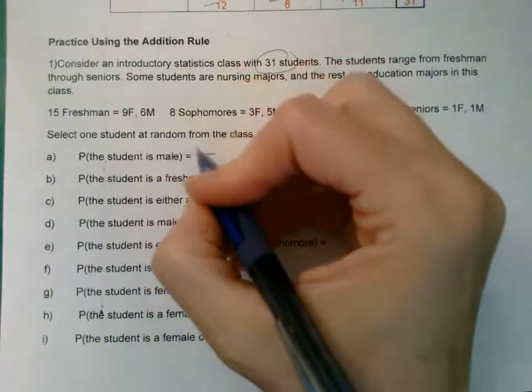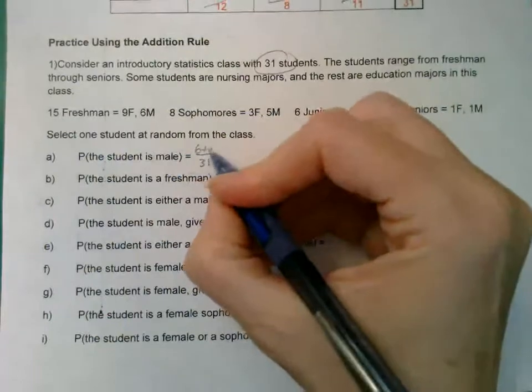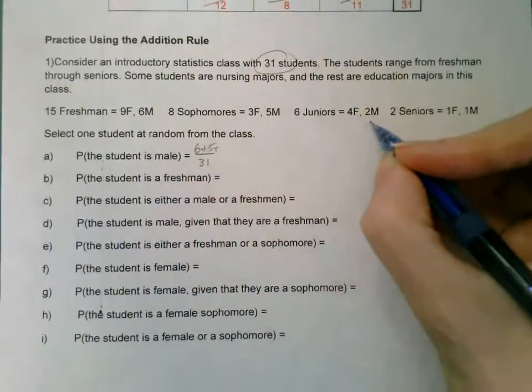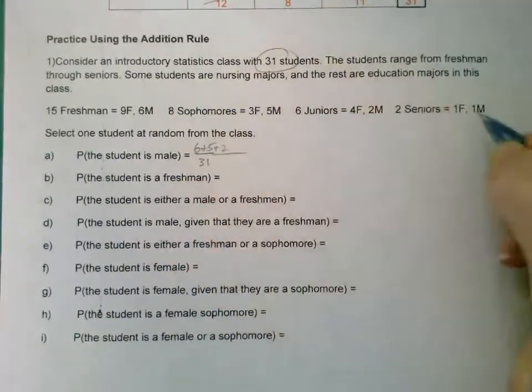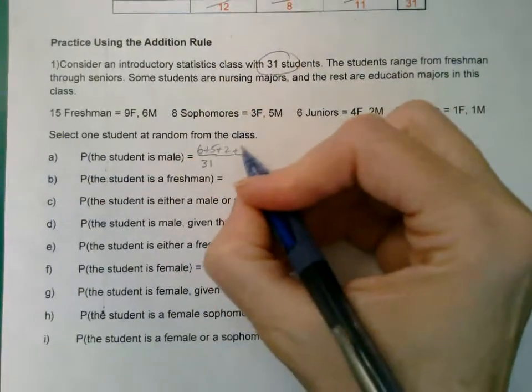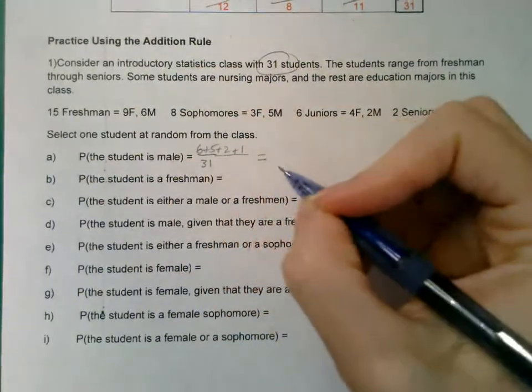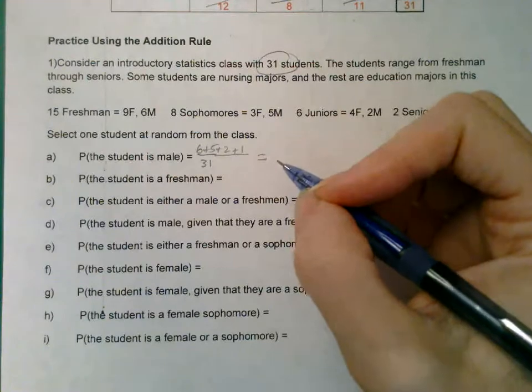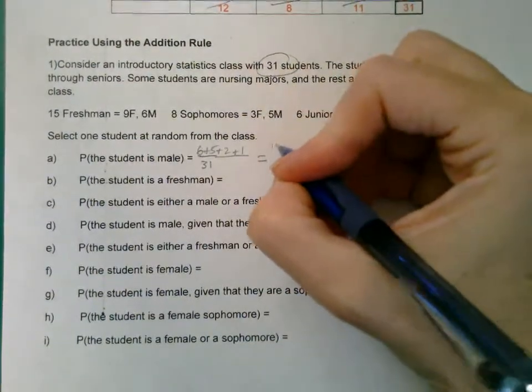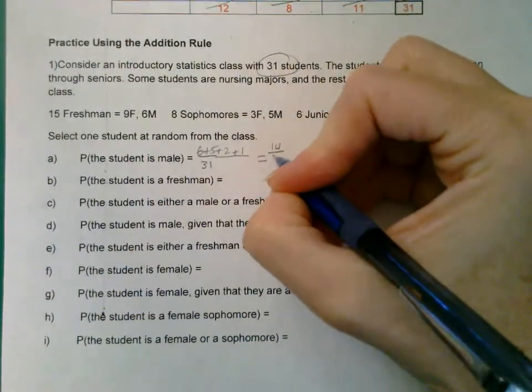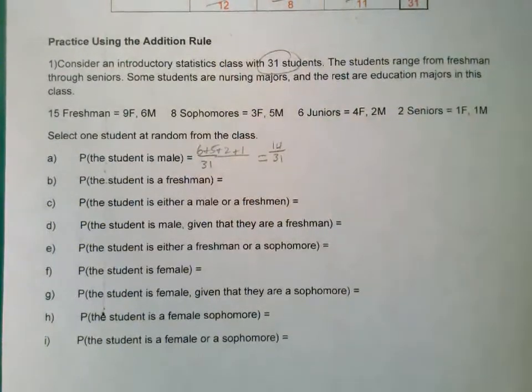So apparently there's 6 plus 5 plus 2 plus 1. That is going to give us 14 over 31, for picking one person out of 31 who turns out to be a male.